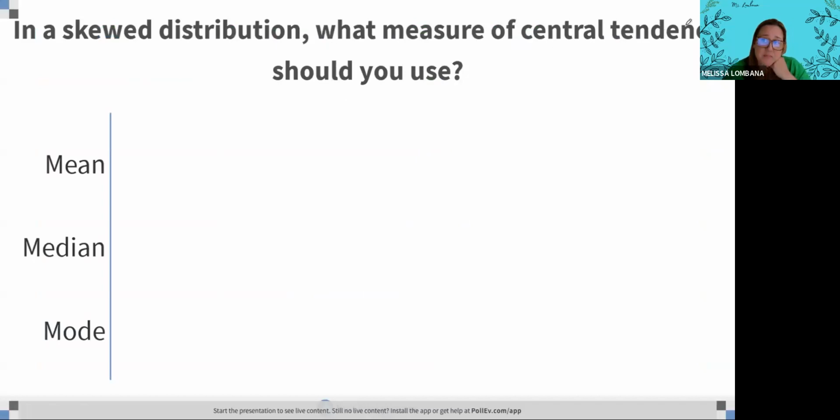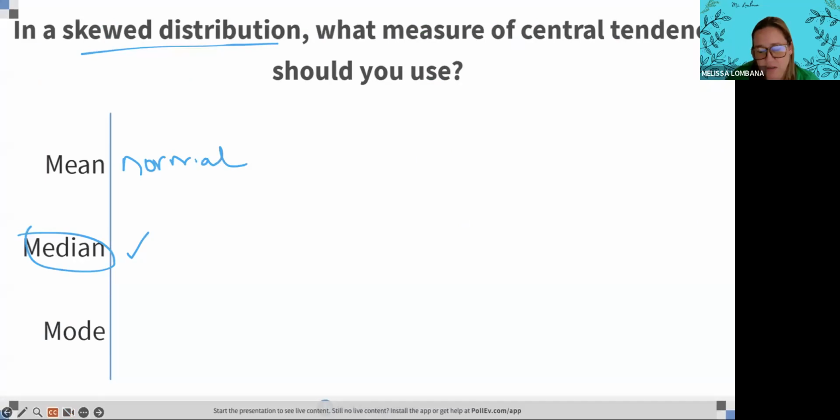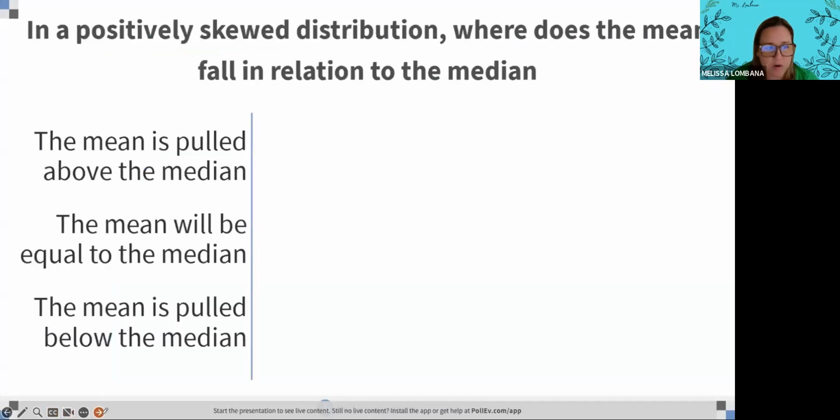So, in a skewed distribution, what measure of tendency should we use? That would be your median. Remember, when there's a skewed distribution, the median is the best one. The mean is only good for normal distributions, and we use the mode when there's typically more than one mode.